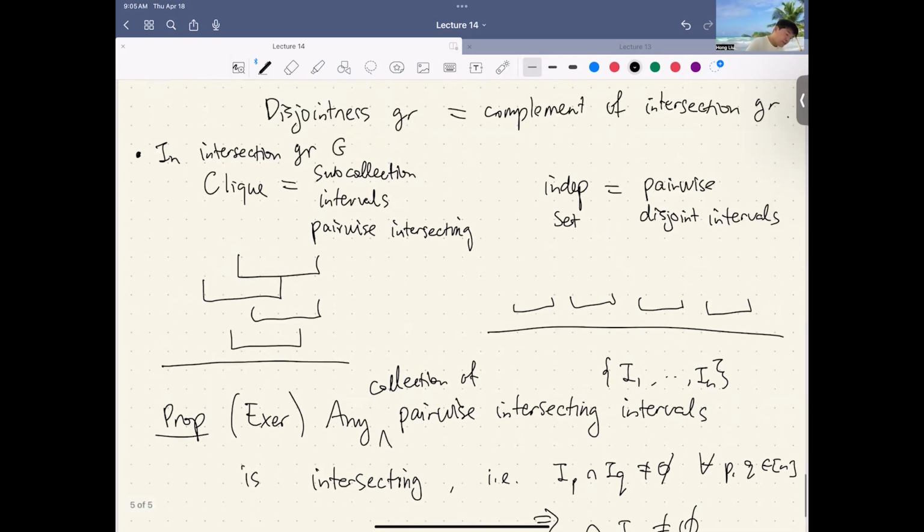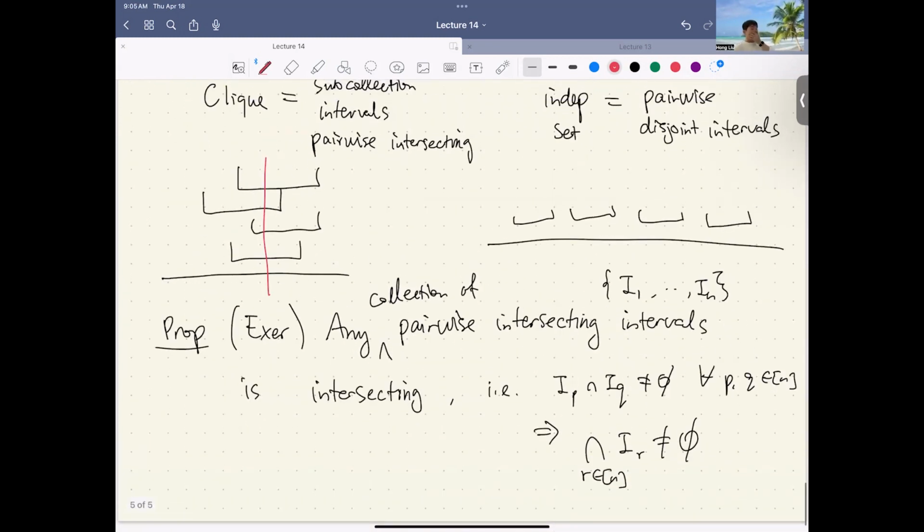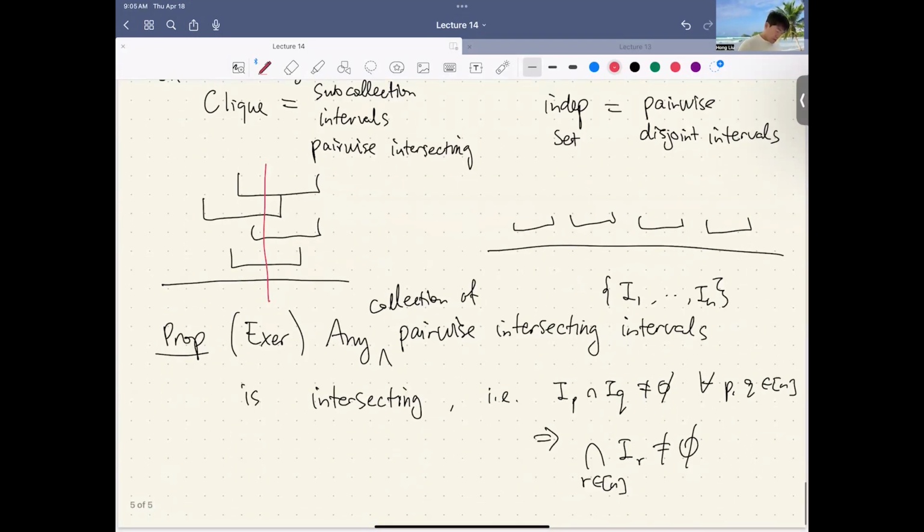You can find a point that appears in everything. It's a cute example. Try to show it yourself. If you're familiar with Helly's theorem, this is saying the collection of intervals has Helly number 2. Anyway, good.